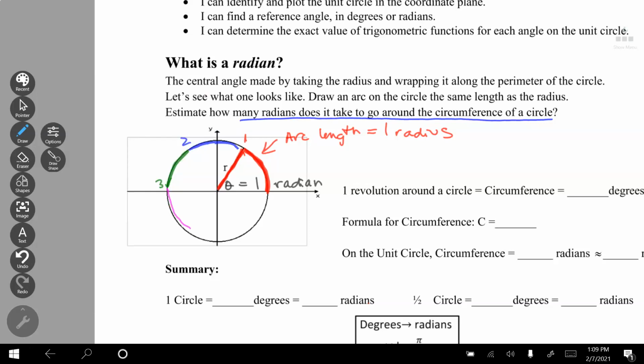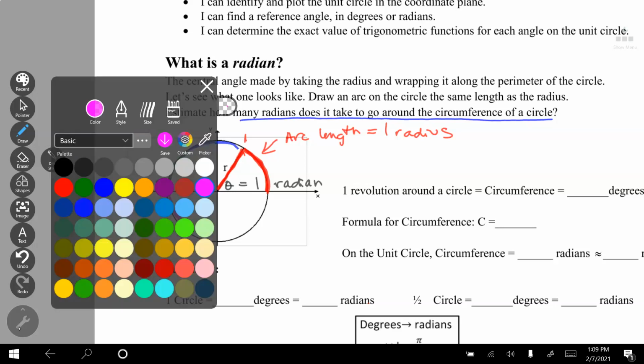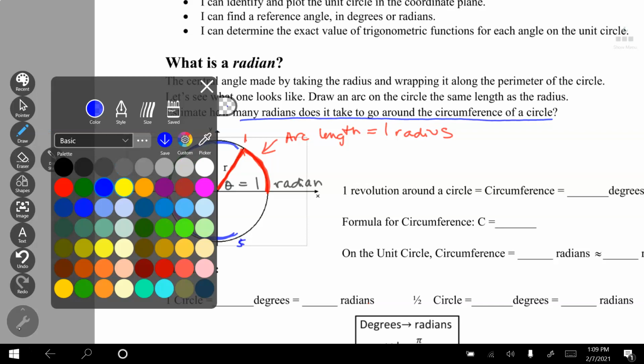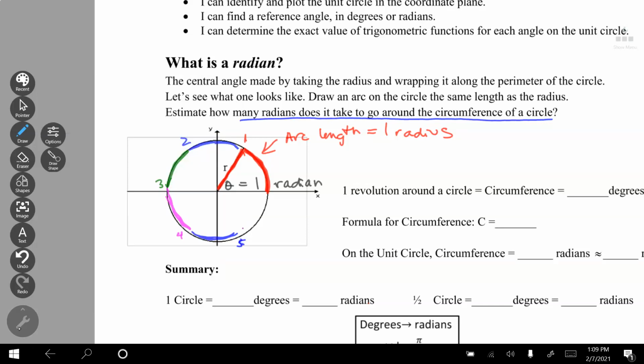Another length, maybe that's 4. Another length, maybe that's 5. This is all to the best of my ability. And this last one, again, a little bit short of a full circle, I'd say about 6. About 6 of those radians will go all the way around a circle.